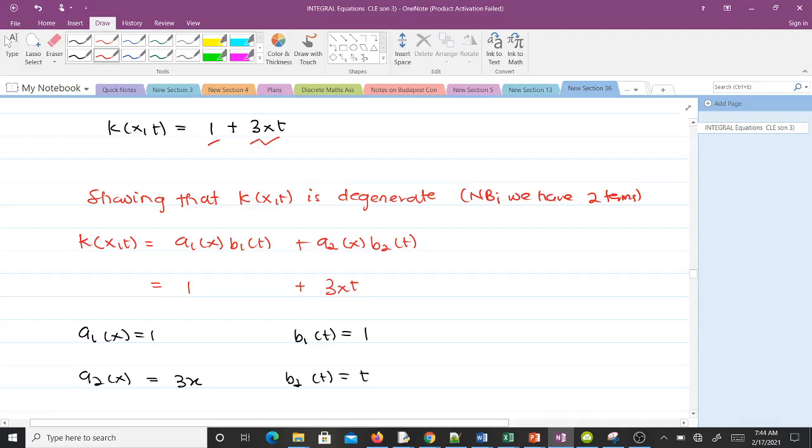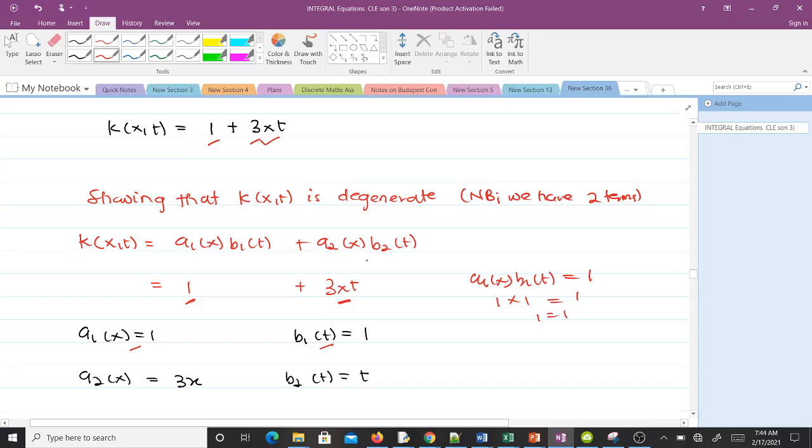That means we can write our k(x,t) as a1(x)b1(t) + a2(x)b2(t). From the question, a1(x)b1(t) is 1, and a2(x)b2(t) is 3xt. So a1(x)b1(t) = 1 means we can say a1(x) is 1 and b1(t) is 1, since 1 times 1 gives us 1.